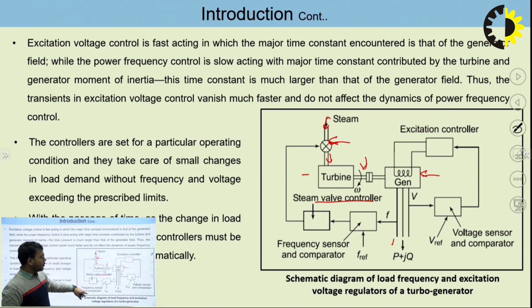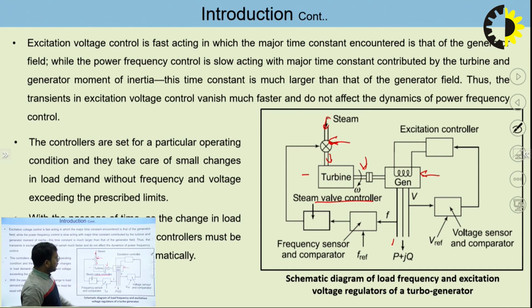So this controller will basically reduce the error between both these quantities, that is actual frequency and reference frequency. That is the basic case in which we can have control over our frequency. Obviously this reference will be 50 hertz, and this one will be the actual frequency being generated by the generator.